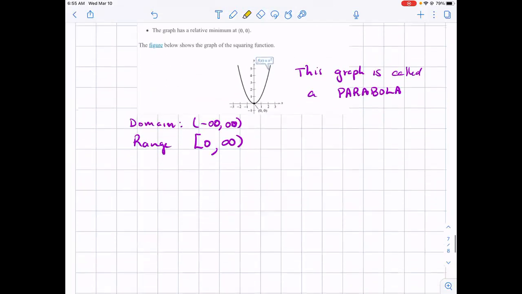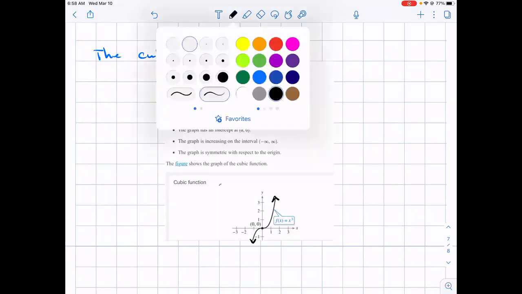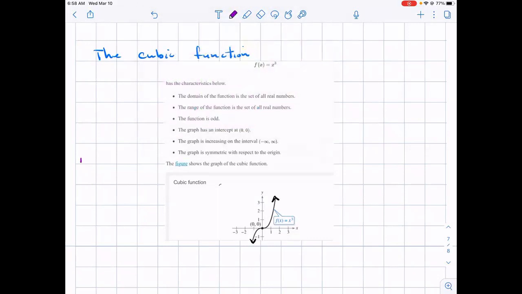We also have what is called the cubic function. The cubic function looks something like this. Here we can say that the domain is from minus infinity to infinity, because all x values work.